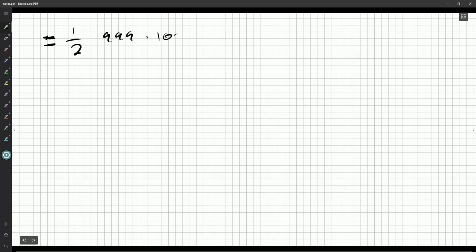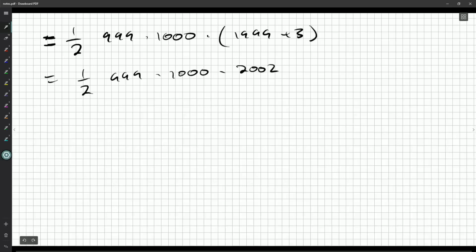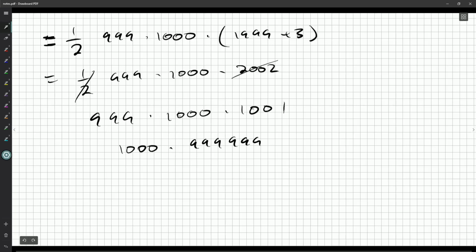I'll get my 999 times 1,000 times 1999 plus 3, which is 2002, which I can cancel out with the 2 to leave 999 times 1,000 times 1001, which is 1,000 times 999,999, and then just move the decimal place over. And that should be our final answer.